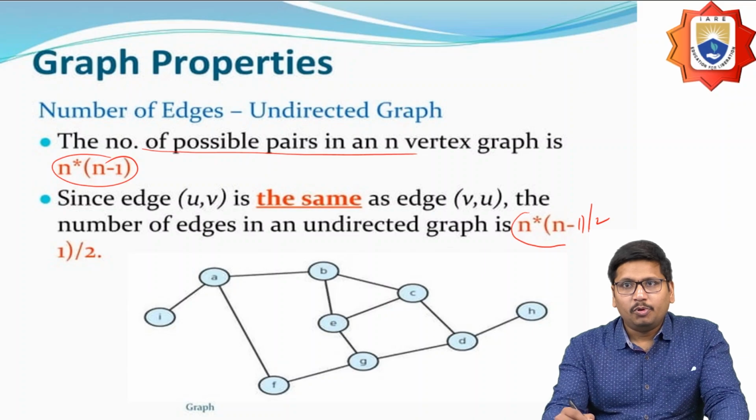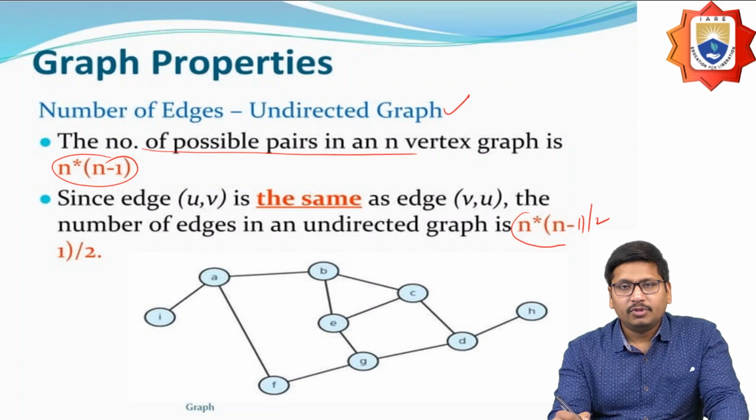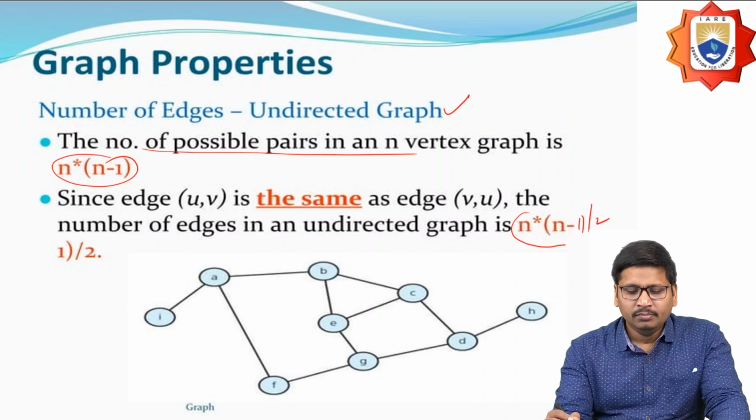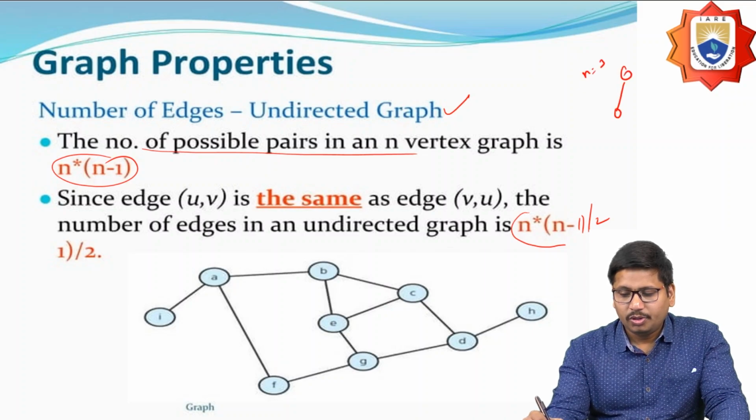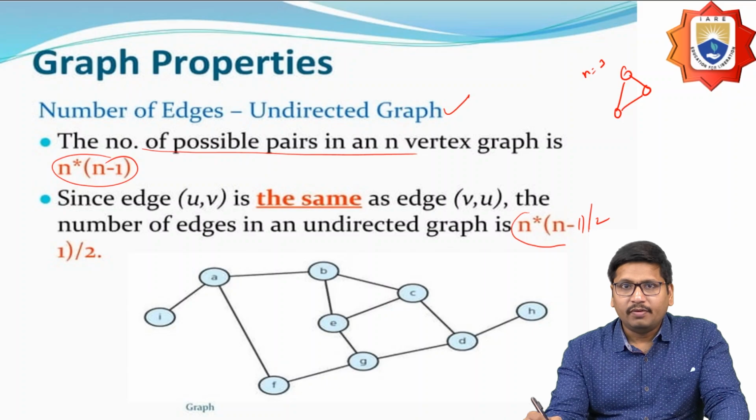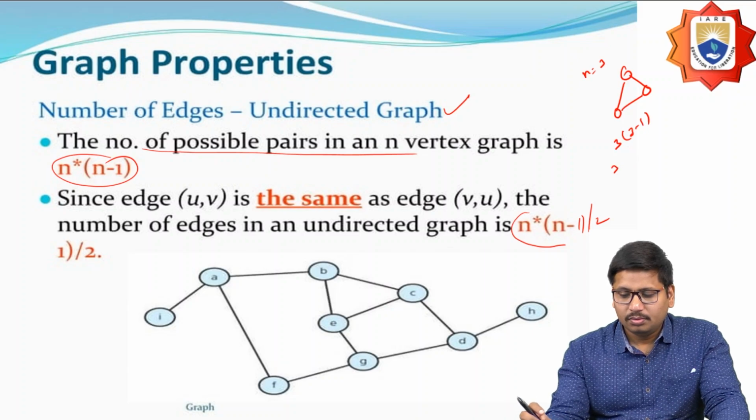So when I construct this undirected graph, the possible number of pairs of n vertices is n into n minus 1. Suppose the n value is 3, and I consider a graph like this. The possible number of pairs should be 3 into 2, that is 6.